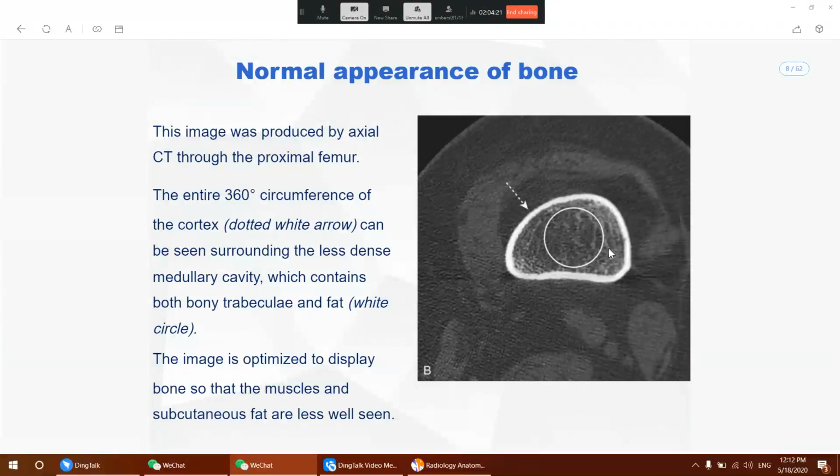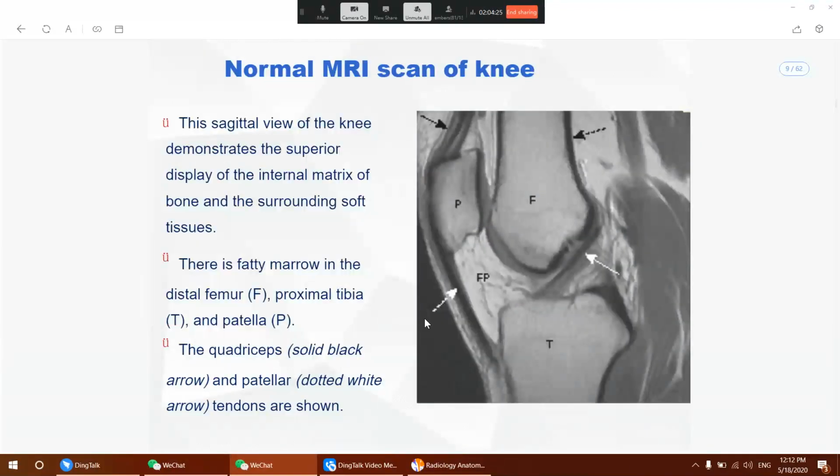Now I'm looking at the MRI scan. You have to understand that MRI generally does not display bones well. You can see the bones, but it is not the true bone that you are looking at. It is unable to show the calcium deposits.